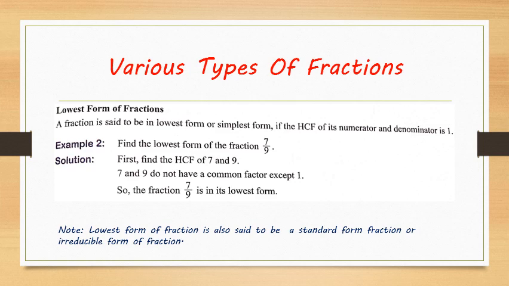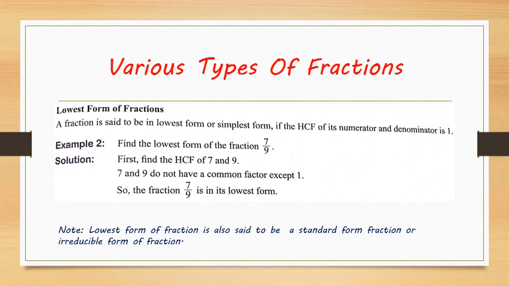So what is the standard form? When a fraction's numerator and denominator are co-prime, that is, the HCF is 1, then they are said to be in lowest form. Let's see an example: 7 upon 9 is given to you.